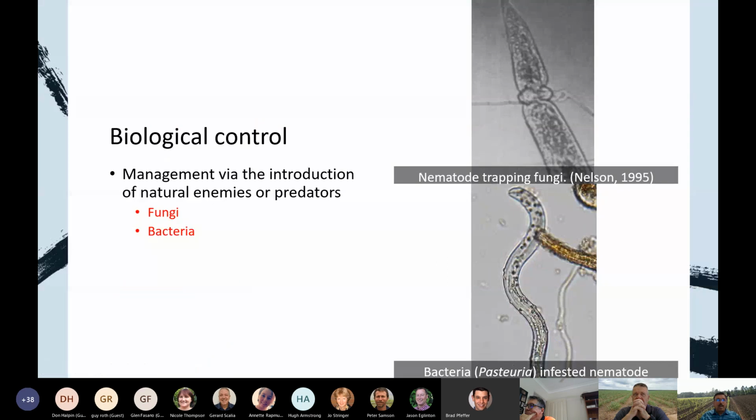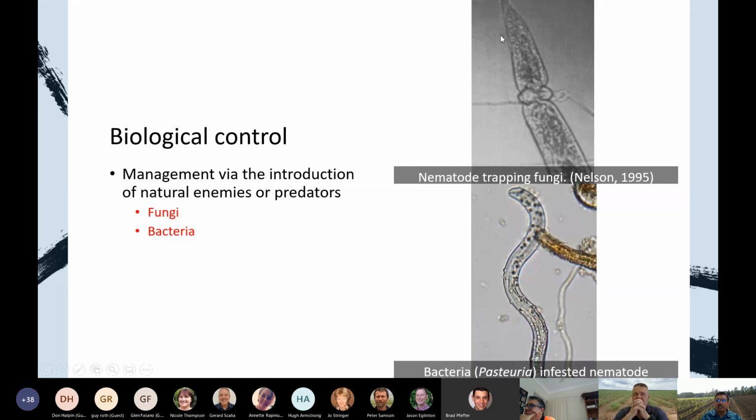So biological control. What is biological control? It is the way of managing nematode by introducing natural enemies or predators. In the case of nematode, we usually find that there are lots of fungal and bacterial biocontrol agents which can reduce the nematode number.